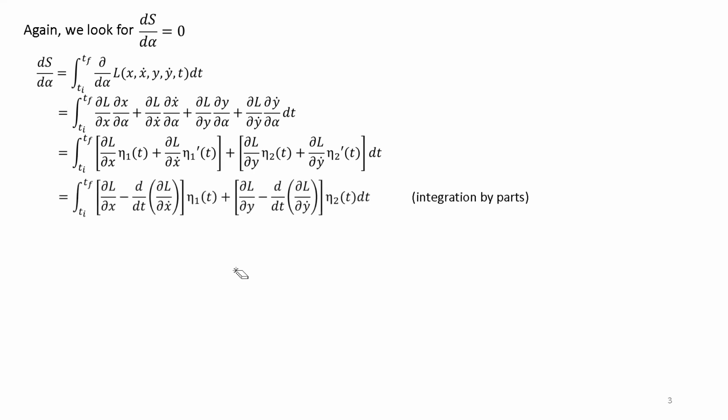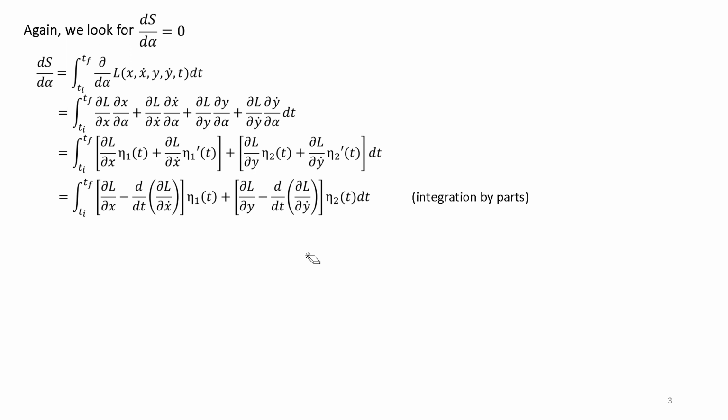Because this is arbitrary, and I want the whole integral to go to 0, then this one and this one both have to go to 0 individually. That's how you would have concluded.